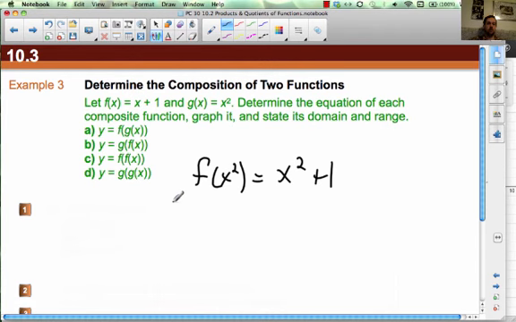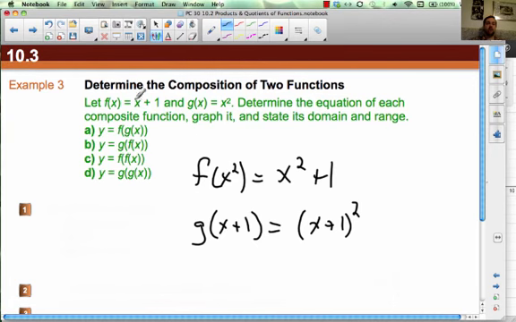Okay, now g of f of x, which is b. So take f of x and plug it in for every x within g. So g then becomes g of x plus 1, which used to be x squared, now it's x plus 1 squared. F of x.